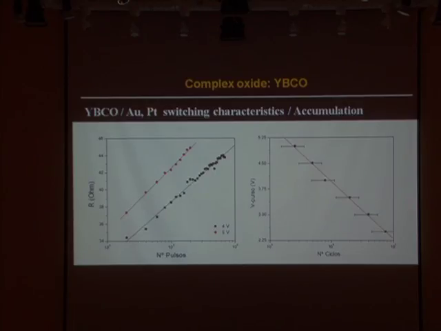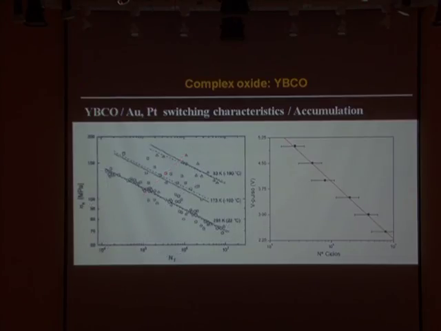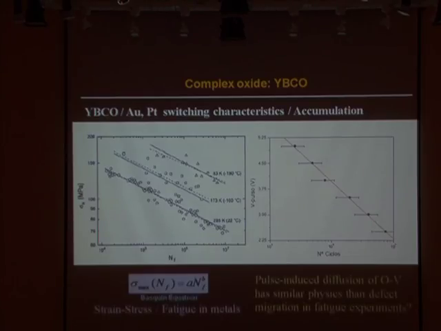You can think about this in this way. This is very similar to what happens in a metal when you apply strain-stress studies. You are looking at the endurance of the metal. You make an oscillatory stress on the metal, and then you manage to obtain a failure. This is a fatigue experiment.